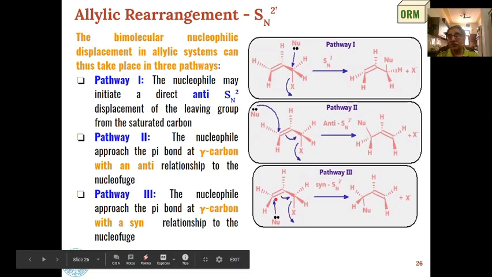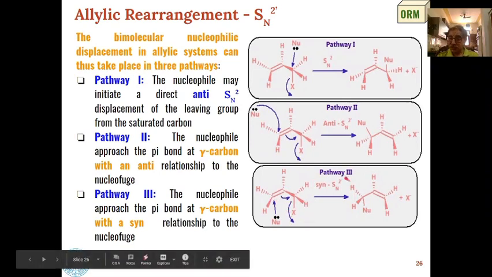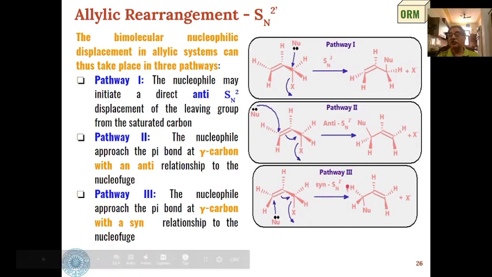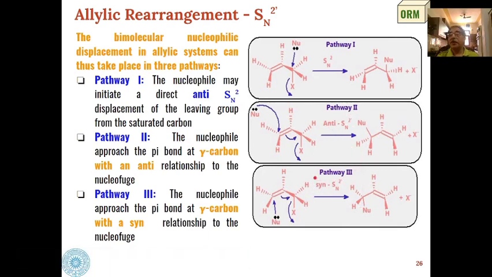So such a pathway is called pathway 3, or syn SN2 dash type of reaction. So this is also a rearrangement reaction. So pathway 2 and pathway 3, they are the rearrangement reactions, allylic rearrangements bimolecular, SN2 dash, syn or anti, whereas the first one is a normal SN2 type of reaction. Thank you very much.